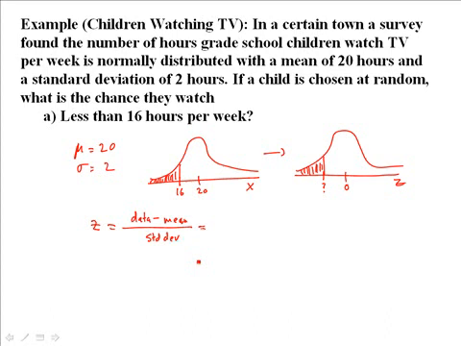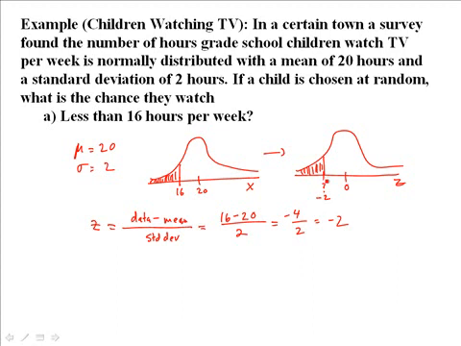All right, so let's put in what we have here for this formula. Data we have from up here, it's 16, the mean is 20, and then the standard deviation is this 2 over here. So put all of that in. Then 16 minus 20 is minus 4, 2 on the bottom, so minus 2 altogether. So this z-score up here is minus 2.